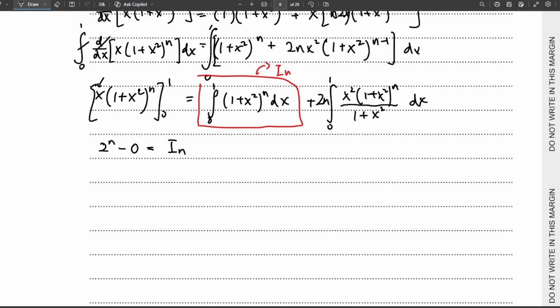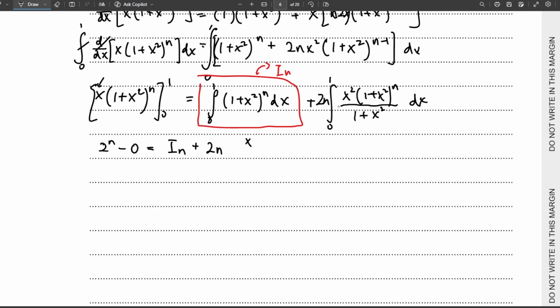For the second term, I've tried integration by parts and substitution, but it doesn't work in this case. If you have any other idea how to solve this, you can leave a comment below. But from what I've tried, I cannot do the substitution or the integration by parts. So instead we're going to do something very dirty.